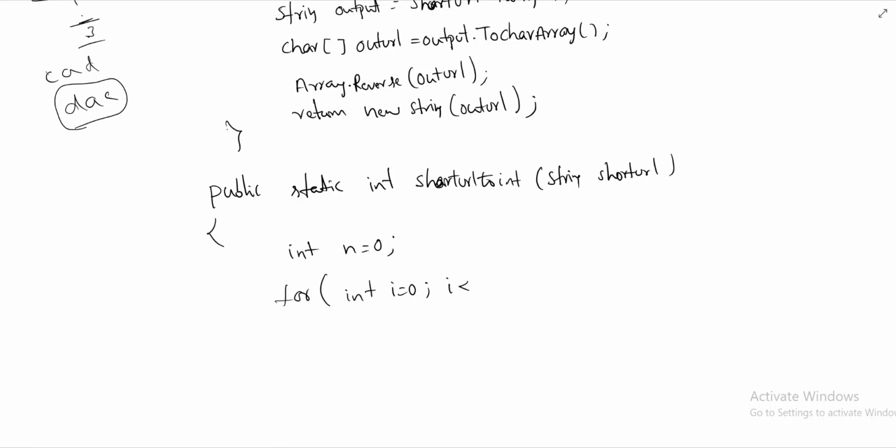That remainder would be the value of that particular character, subtracted from the character. If it is between lowercase a and z, we subtract a. If it is between uppercase A and Z, we subtract A. And if it is between 0 to 9, we subtract 9.